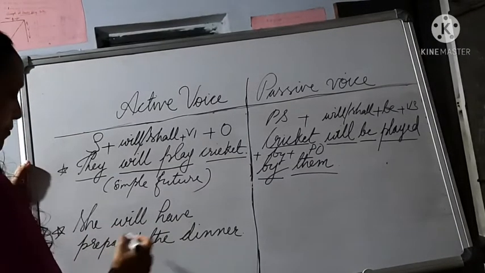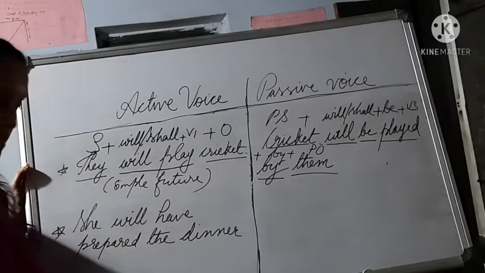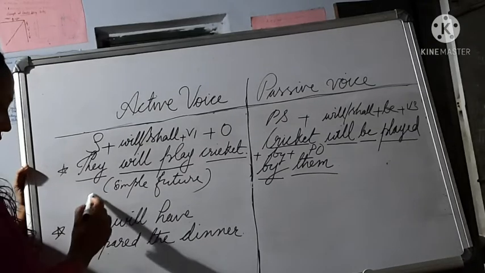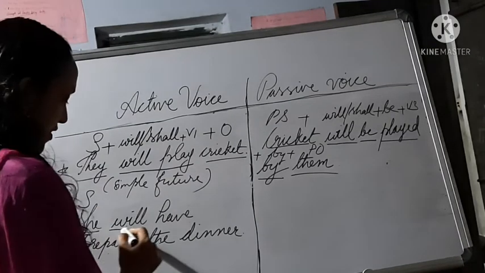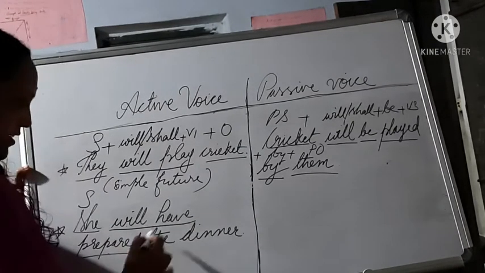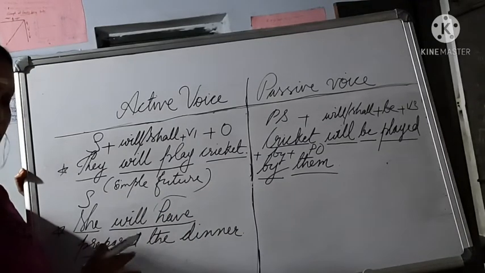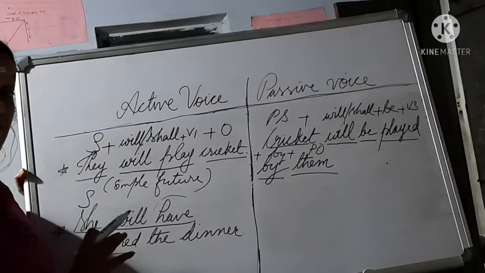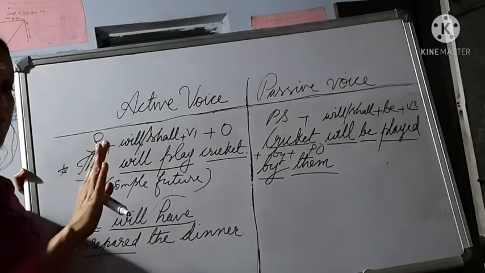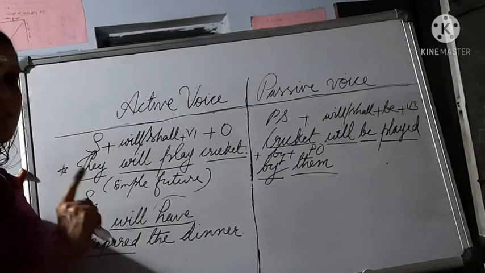She will have prepared the dinner. Here she is the subject and will have prepared. Since have is there, we know this is perfect, future perfect. All have forms plus V3 come under perfect.